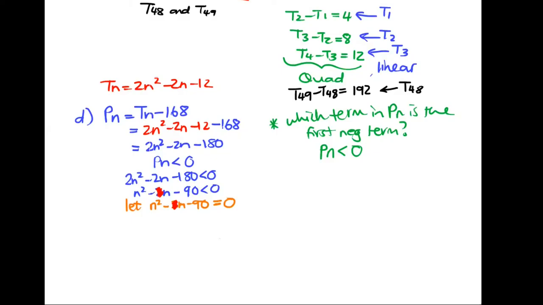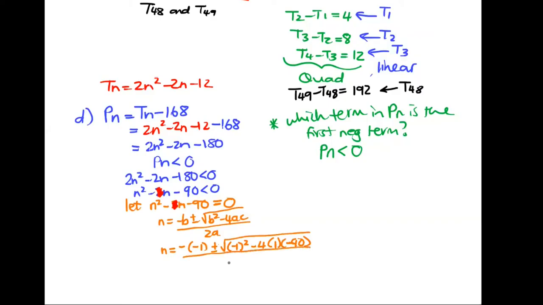Good. All right, so now we're going to use our quadratic formula. So we know n is minus b plus or minus the root of b squared minus 4ac, all over 2a. Hey, you've used that enough in the last year. Hopefully you know that formula well. All right, so let's sub in. We've got minus negative 1, that's our b value, plus or minus the square root of negative 1 squared minus 4 times 1 times negative 90, over 2 times 1.